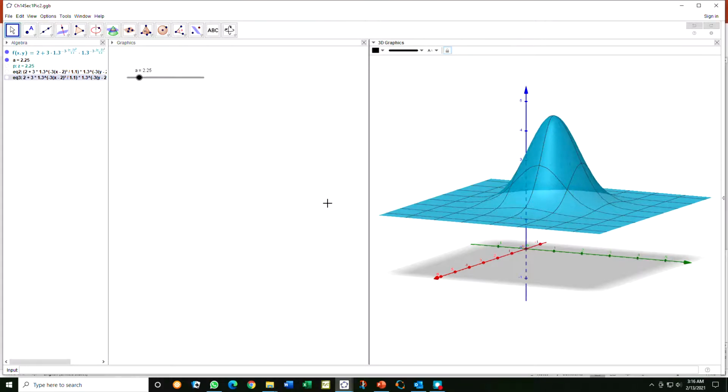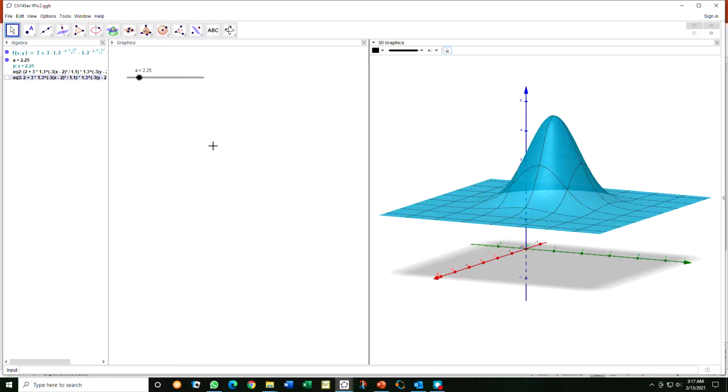Basically, I didn't want to do a simple e to the negative x squared times e to the negative y squared. I wanted to shift it along the x-axis, the y-axis, and also the z-axis. I wanted it to be elevated by 2 units, and that's why I added a 2. I think the simplest one could have been z equals e to the negative x squared times e to the negative y squared.